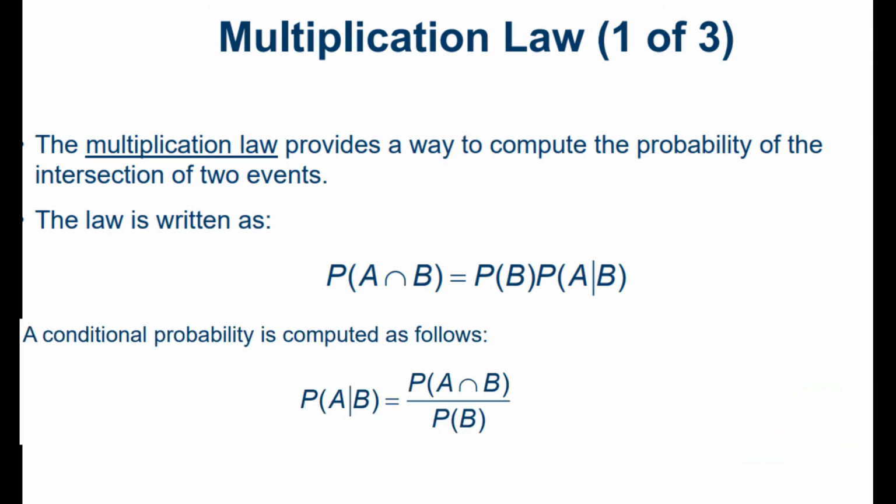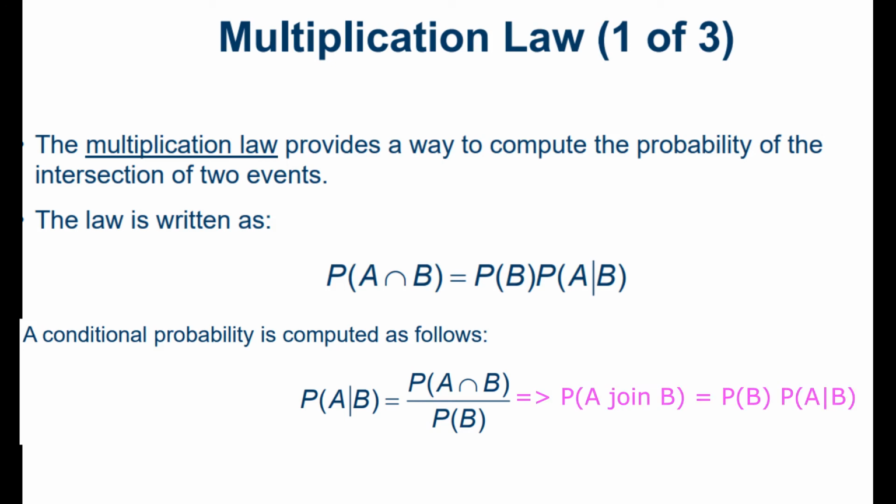The multiplication law: the joint probability of A and B equals the probability of B times the conditional probability of A given B happens. From previous discussion, we know the conditional probability.